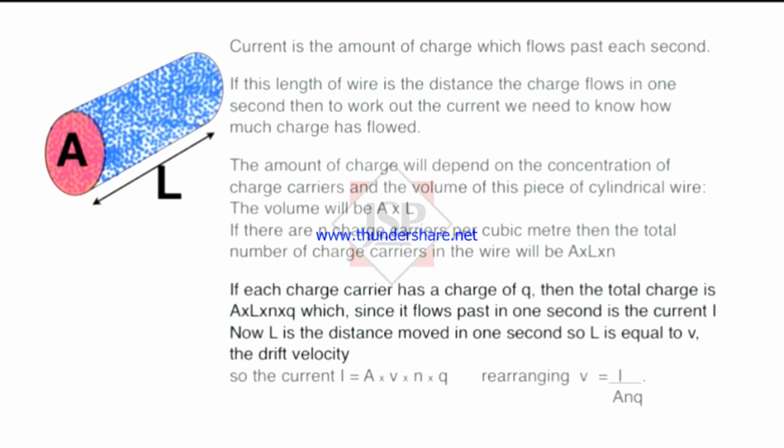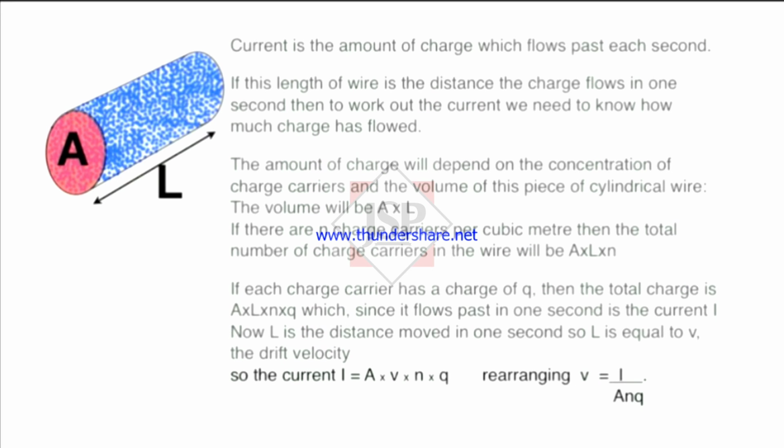Distance per second is velocity, so L is equal to v, the drift velocity. Just swapping the L for a v, we have the current I equals Avnq. Rearranging to make v the subject gives v equals I divided by Anq. We will use this now to calculate an example drift velocity.